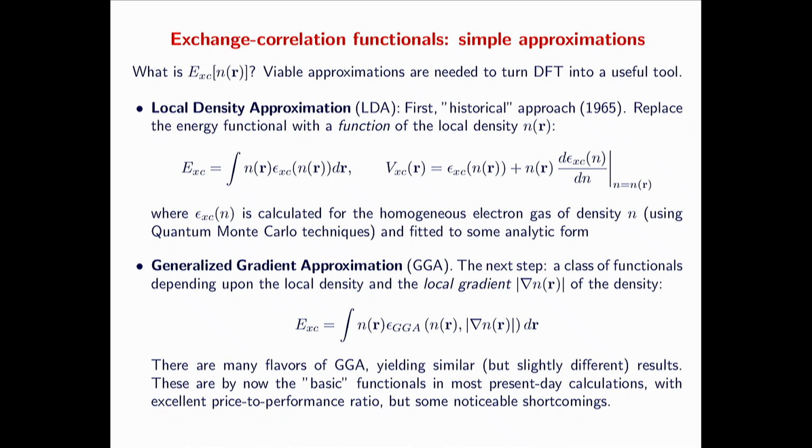But still, one would like to take into account the lack of homogeneity of the charge density. So the fact that the charge density is a function that varies with the position. So one might want to take into account the fact that there is a local gradient of the charge density, and this should be taken also into account.